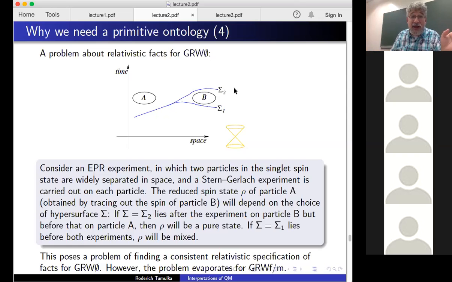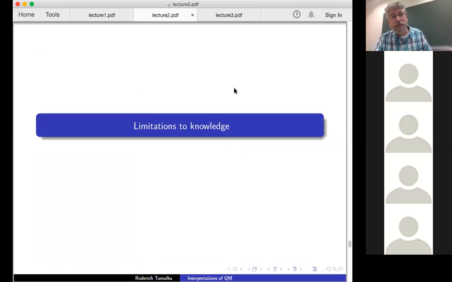But the problem disappears if you have a primitive ontology, because then you could say, okay, the facts about what is there locally, the M function or the flashes, they're unaffected by whether I take this or that surface. Only the wave function is affected by which surface I take, and that's okay.